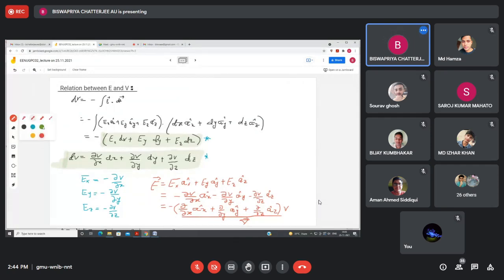So the final relation you can write: E is equal to minus del V. It is nothing but the negative gradient of potential. Electric field intensity is nothing but the negative gradient of potential.